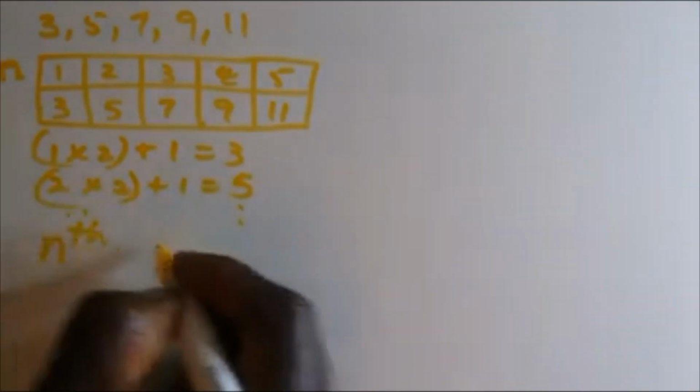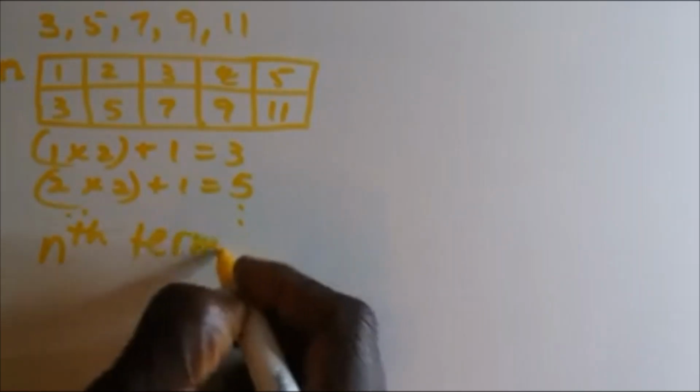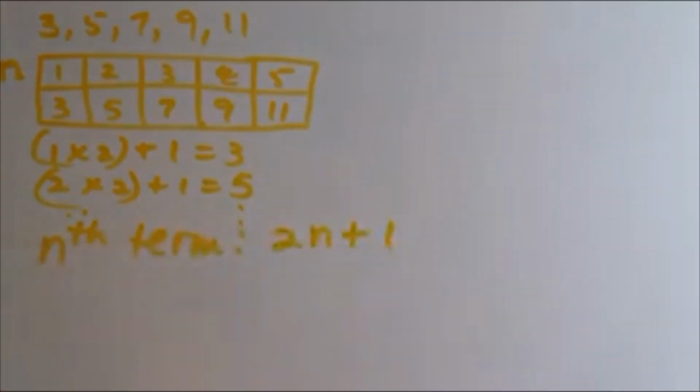Nth term is 2n add 1. And now if you wanted to work out the 99th term, we'll just multiply 2 by 99 and add 1 to find out what that term would be in the sequence at position 99.